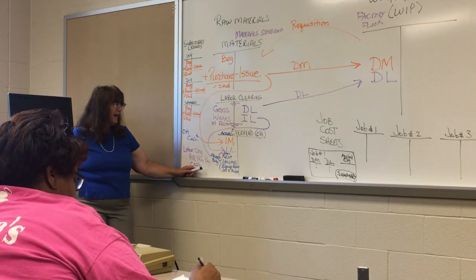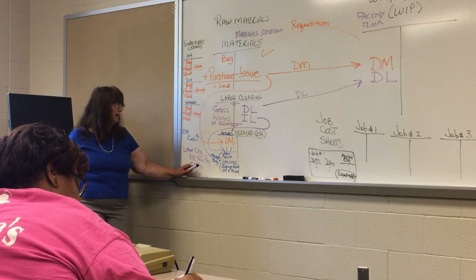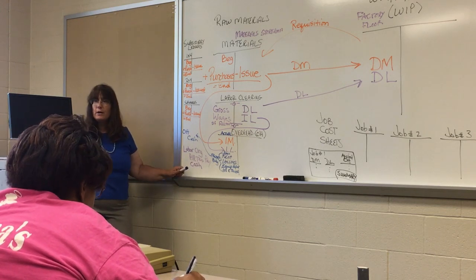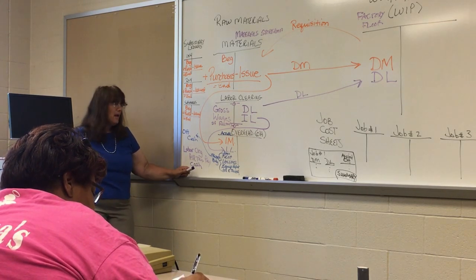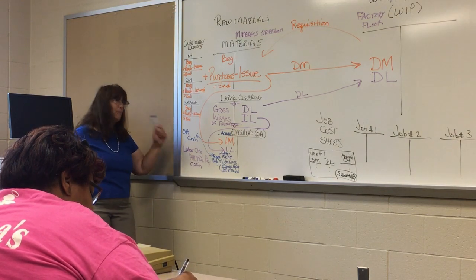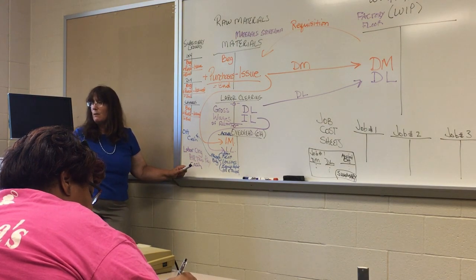So if I have rent for the factory building, I'm going to debit overhead. If I have insurance that I pay on the factory building, I'm going to debit overhead. If I have depreciation at the end of the year I calculate, I'm going to debit overhead. I'm not debiting all those separate accounts.